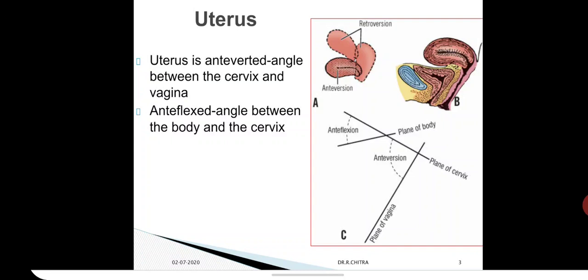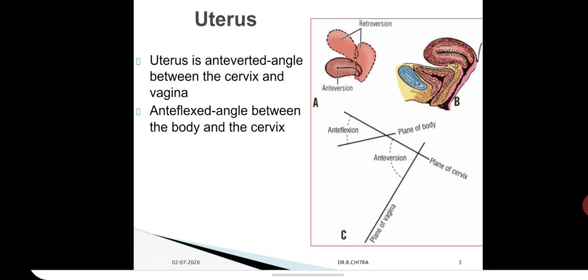What is anteversion? Angle between the cervix and the vagina. You can see in that picture. So you should take the angle between the cervix and the vagina. That is the anteversion. It measures about 90 degrees, so that both are at right angles, provided the urinary bladder and rectum are empty.